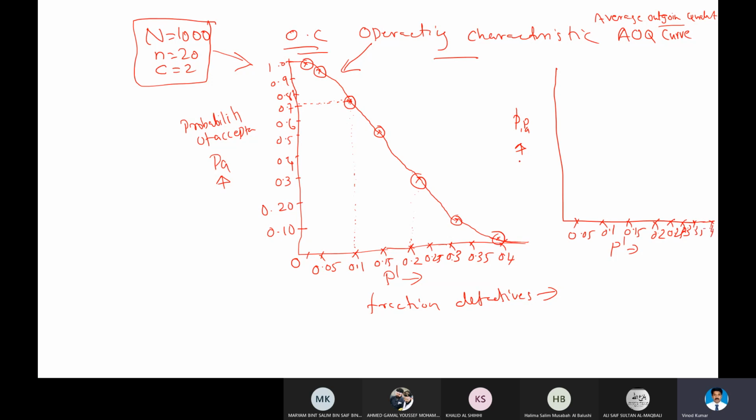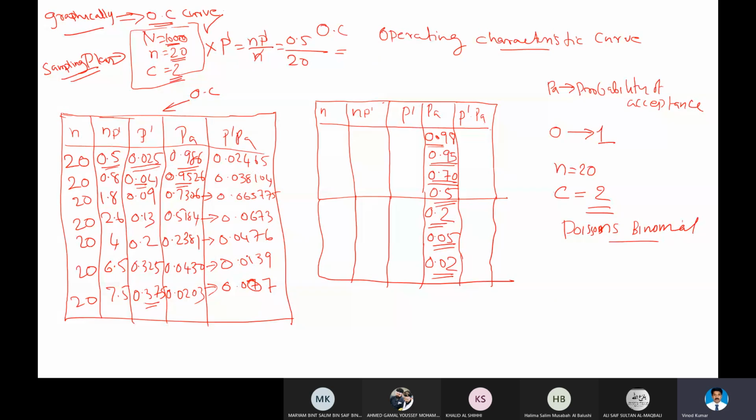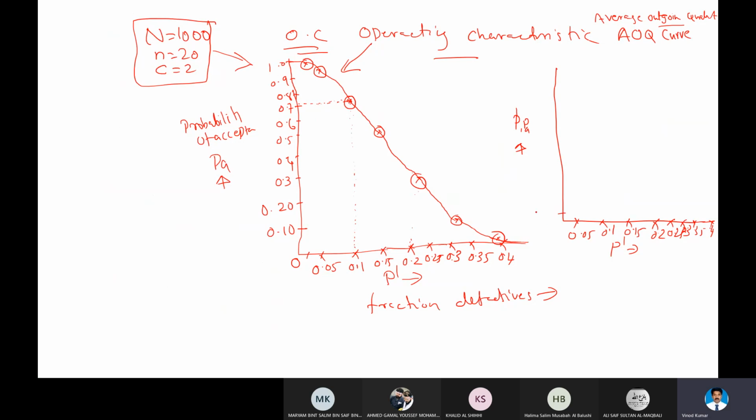So all the values you have for P dash times PA are on the y-axis. You see here 0.007. So what you can plot here is 0.005, 0.01, 0.015, 0.02, 0.025, 0.03, 0.035, 0.04.